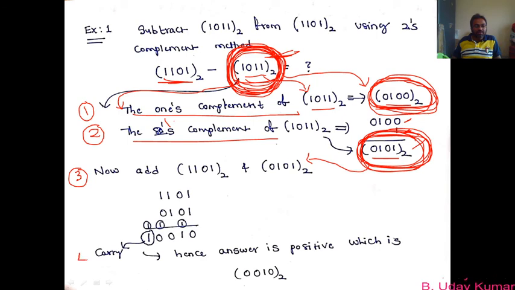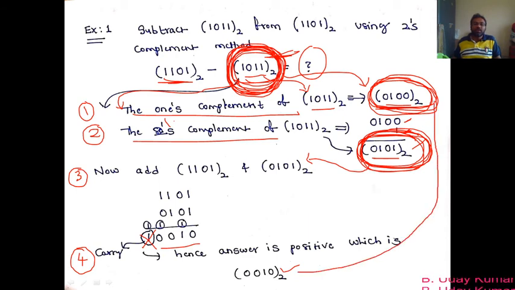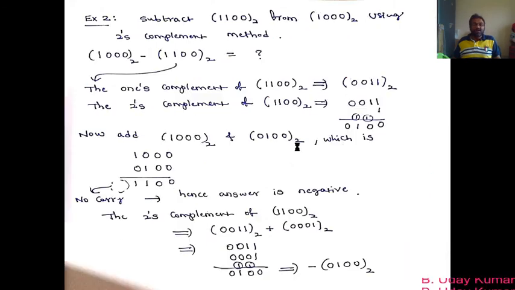There you will have 3 steps, here you will have 4 steps. The 4th step is that you have to just forget about this carry. If you forget about this carry, the left digits will be the answer for our question. Okay, so that you just check it. So this will be the answer of this example. Anyway, let us just move on to our next example.